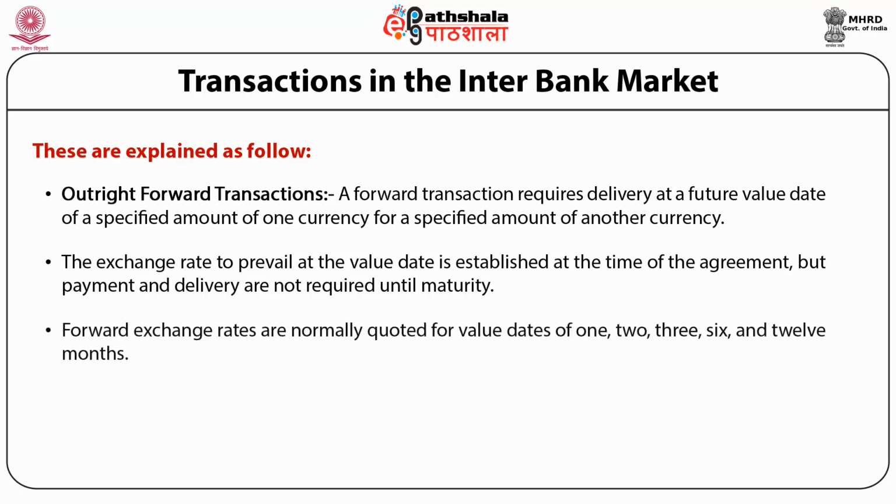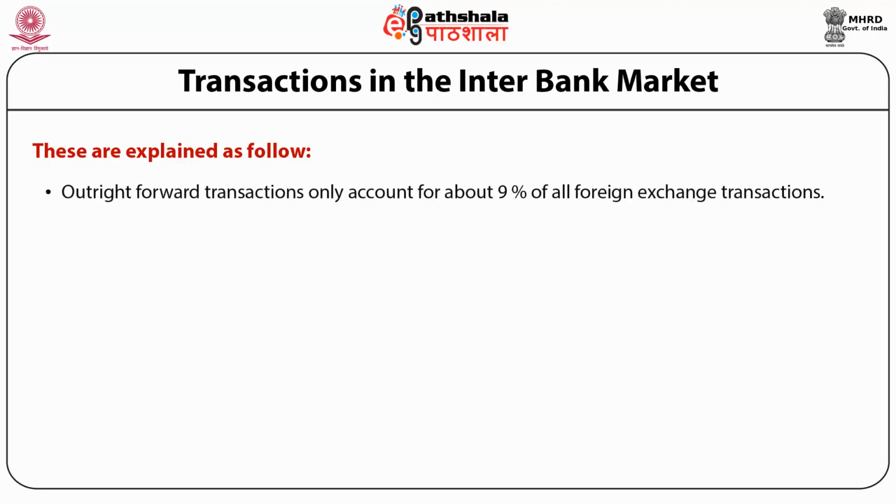Forward exchange rates are normally quoted for value dates of 1, 2, 3, 6 and 12 months. Actual contracts can be arranged for other lengths also. Outright forward transactions only account for about 9% of all foreign exchange transactions.